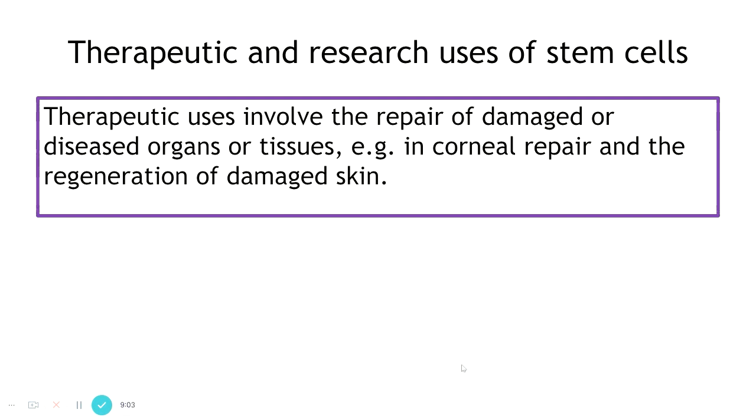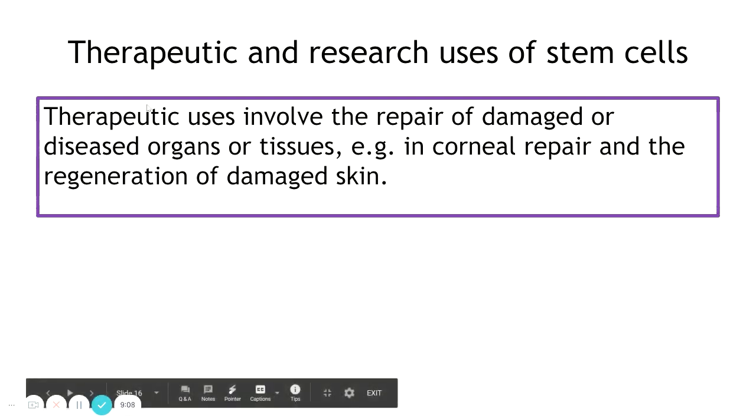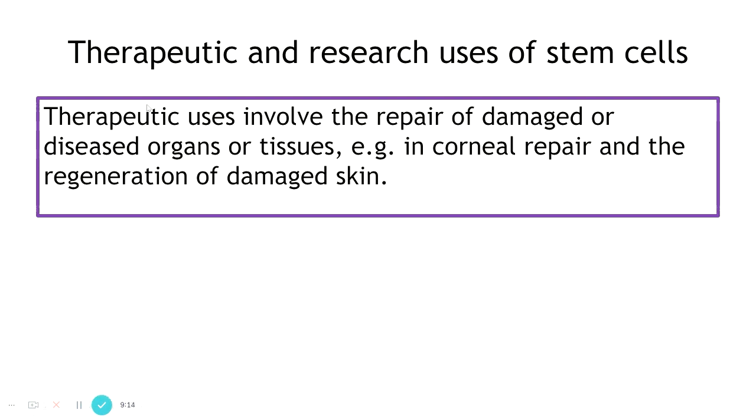Now this is important: we need to differentiate between therapeutic and research uses. In terms of therapeutic use for a stem cell, we want to be quite specific. So we want to move up from the National 5 level and not just say it could be used to help cure diseases. We want to be specific.